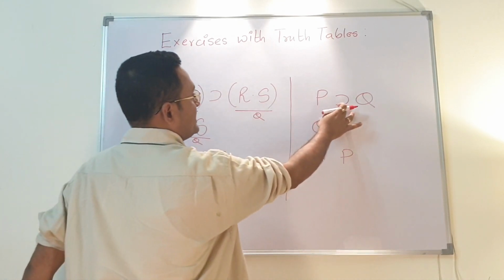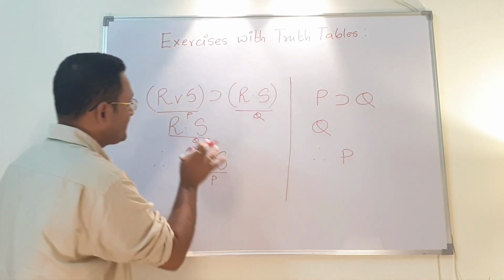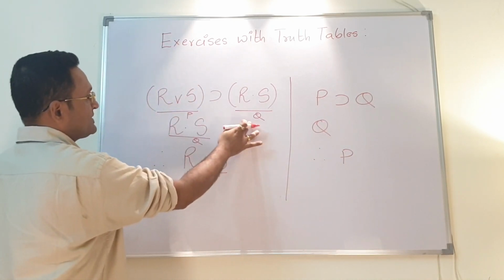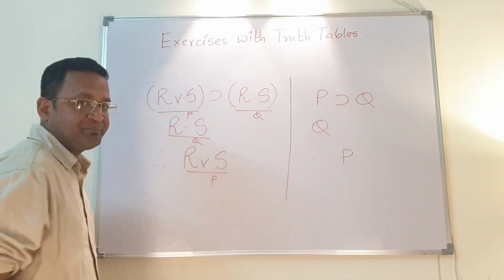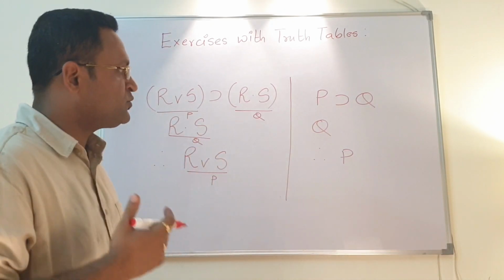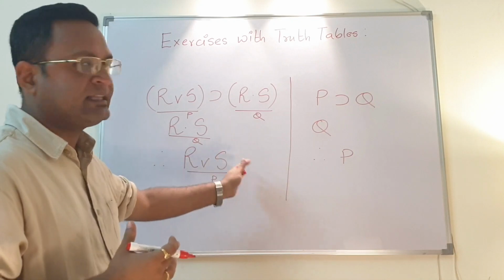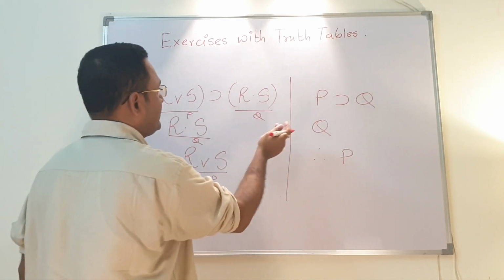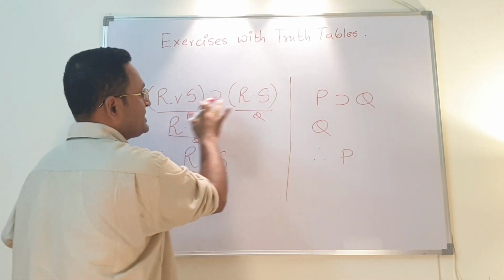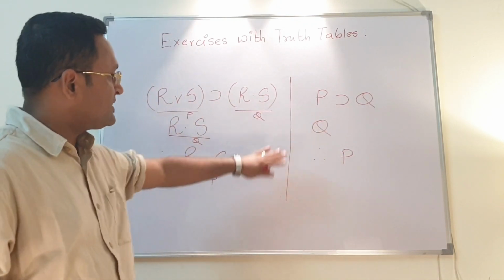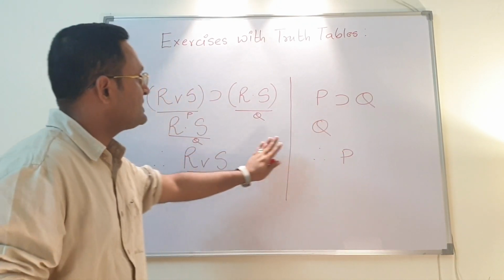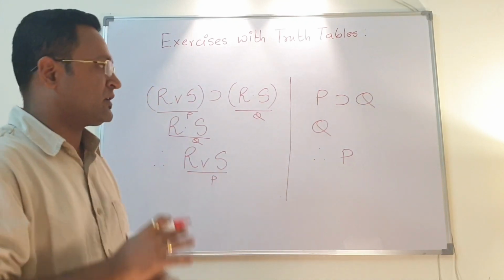It looks like this: P implies Q because there is an implication sign, then Q and therefore P. We have replaced R wedge S with P and R dot S with Q. So this argument and this argument have exactly the same structure.